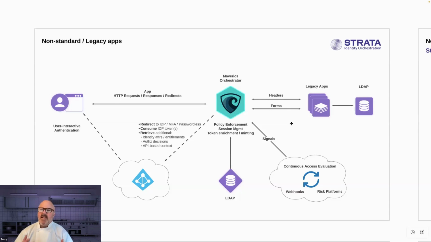But the value of it doesn't just end there. Yes, it's wonderful to be able to modernize your authentication and those kinds of things. That's the easiest way to think about it. But as we look into the future and the life cycle of that application, the candid reality of identity and systems that are tied to identity is that there's a new protocol every 2 to 4 years. What happens if you want to take advantage of that in the future? Well, you don't have to worry about it if you have a fabric in place, because the fabric knows how to talk about continuous access evaluation. The fabric understands passkeys.